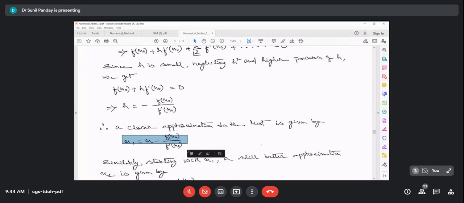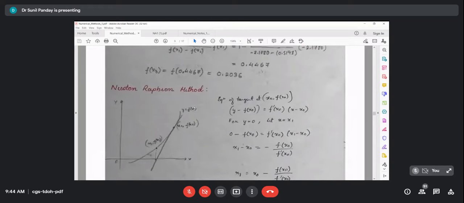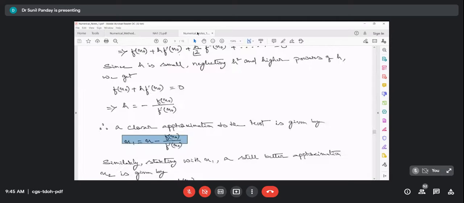So this is another approach, but the one I already told you in the notes is the best one, because if someone asks in your viva, then you have to talk about how we are approximating x1 from x0 in the Newton-Raphson method. That is, we draw one tangent at x0, and wherever this tangent intersects the x-axis, this is our new approximation.